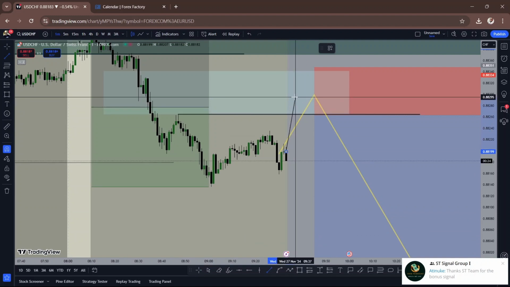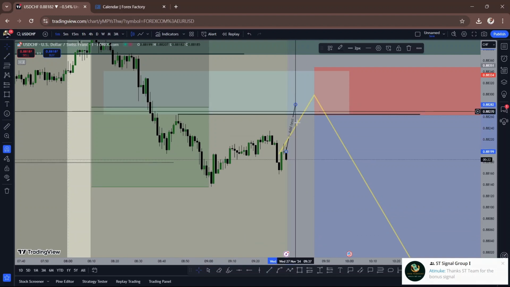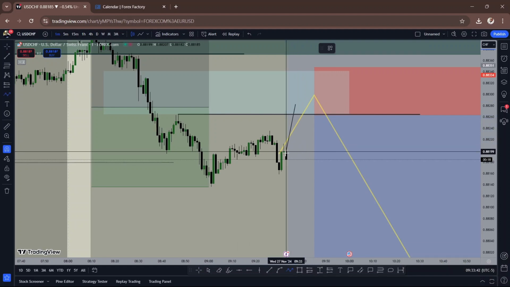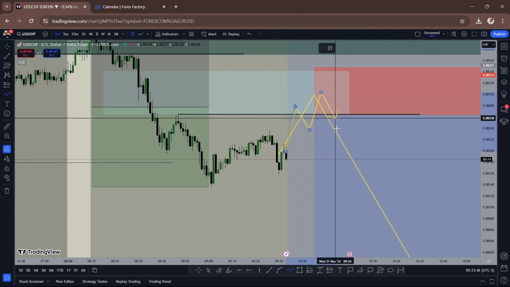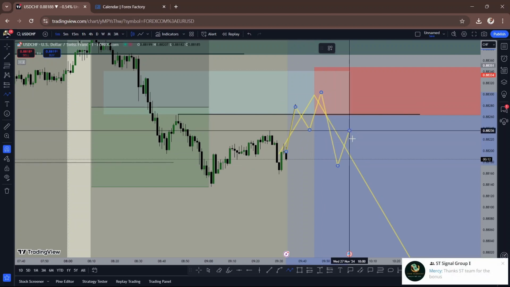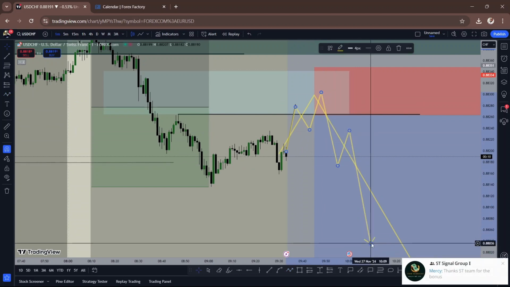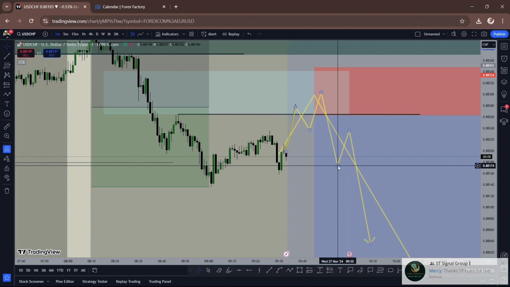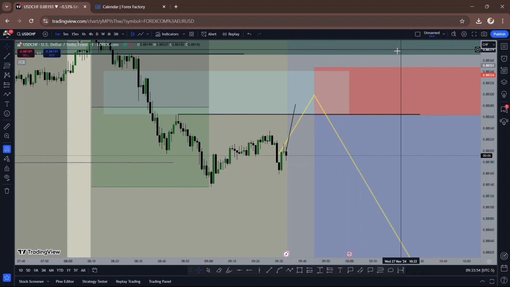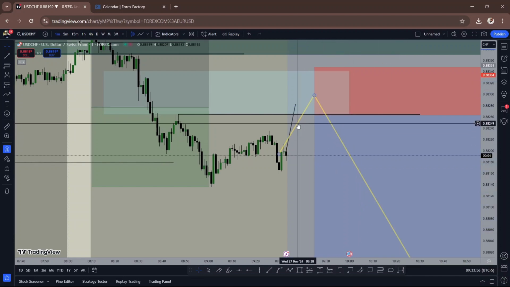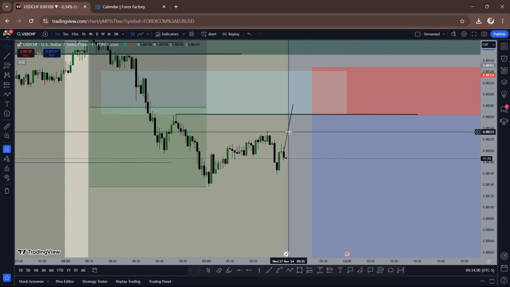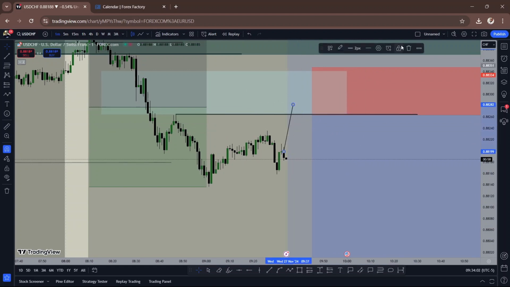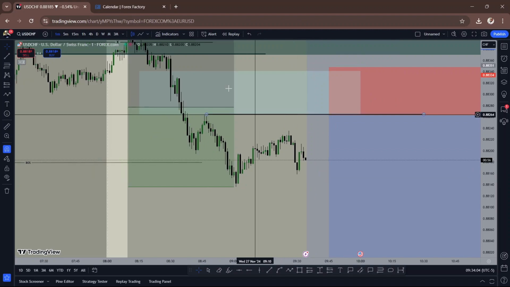Let's say we get that sweep, and I see something like this on the 1 minute time frame. I'll be taking that. Well, let's just see how it goes. I don't want to fly down into 1 minute. I want to see what 15 minutes is going to form. Then from there, I'll see.